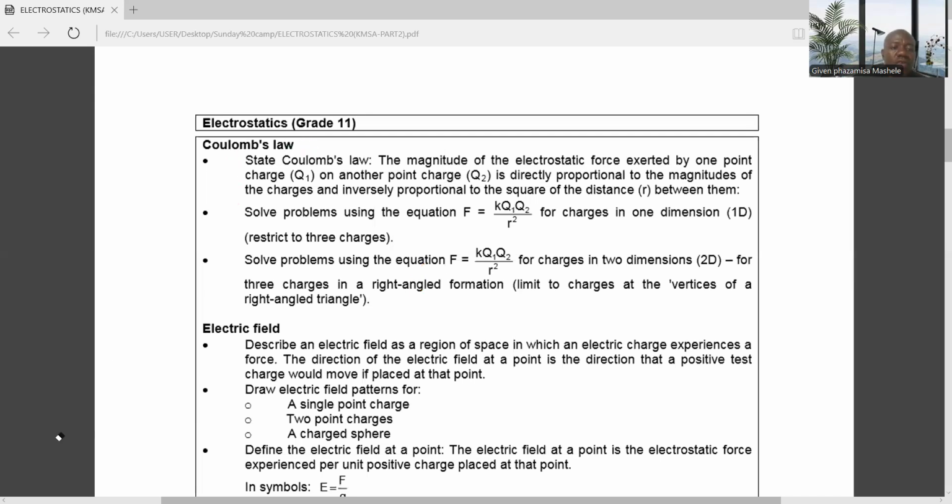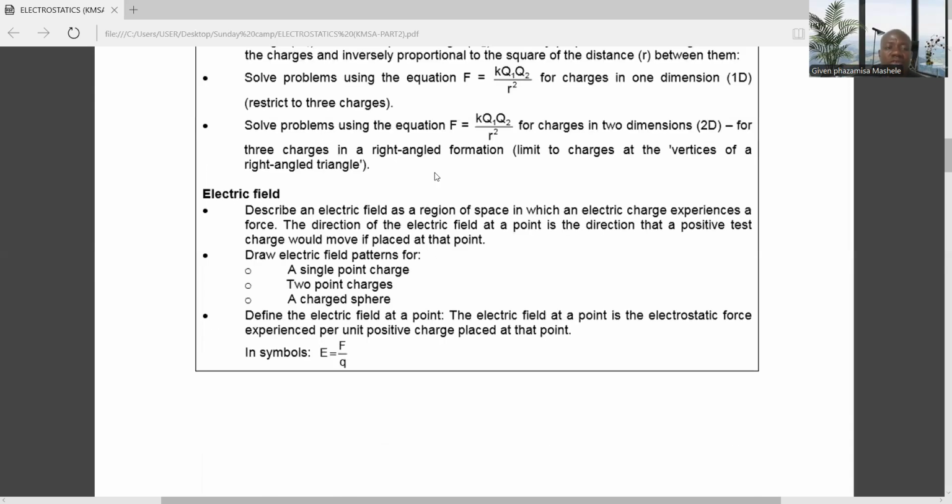First of all, one must know what we mean by an electric field and also what we mean by an electric field at a point. An electric field is a region of space in which an electric charge experiences a force. A region of space in which an electric charge experiences a force is called an electric field. So you must differentiate between electric field and electric field at a point.